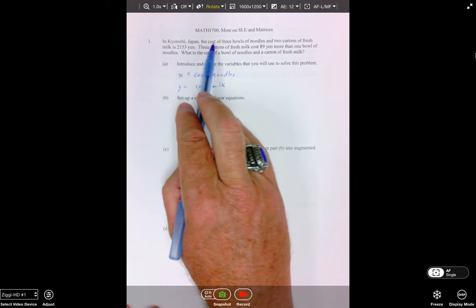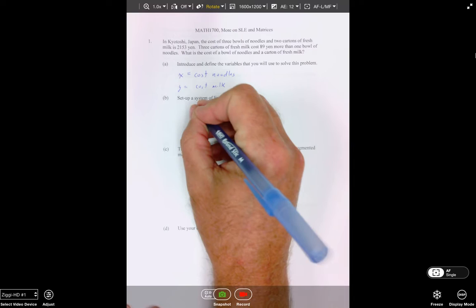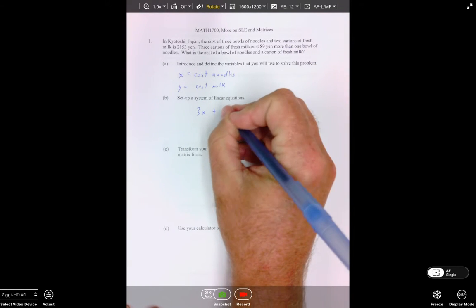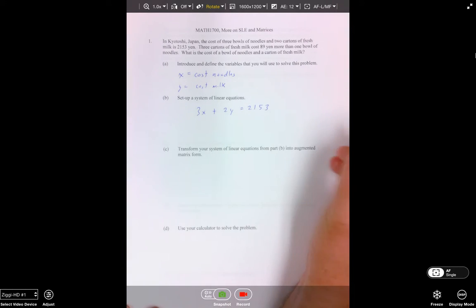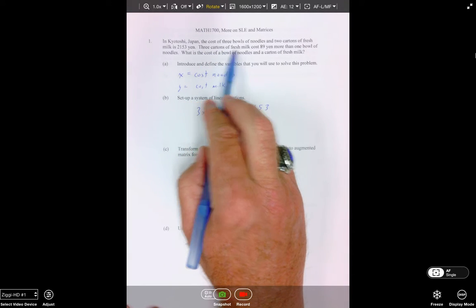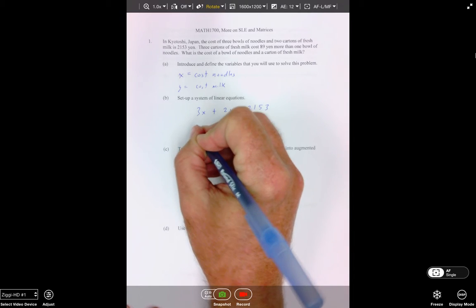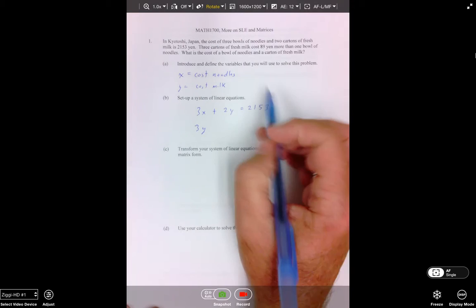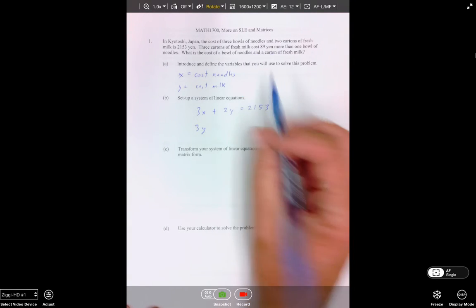So I see that the cost of 3 bowls of noodles and 2 cartons of fresh milk is 2153 yen. 3 cartons of fresh milk cost 89 cents more than a bowl of noodles.